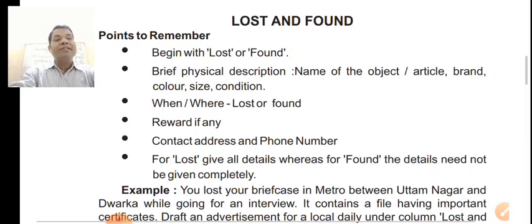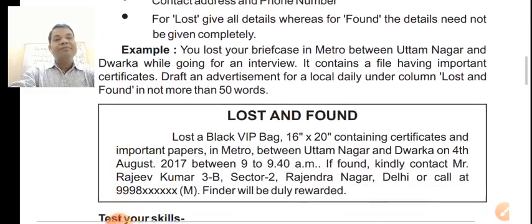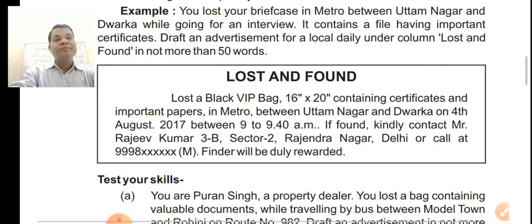Then next we discussed lost and found. In the same way, we discussed what are the important points to remember while writing such types of advertisements. Then we discussed an example for the same.